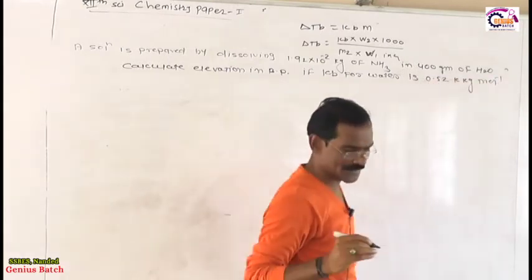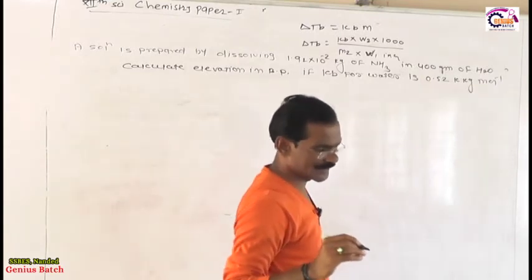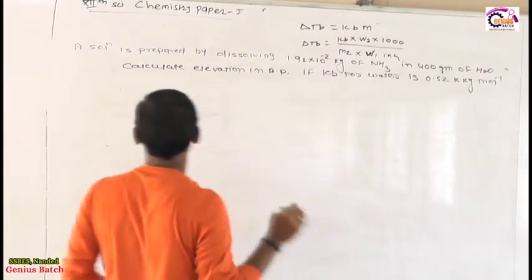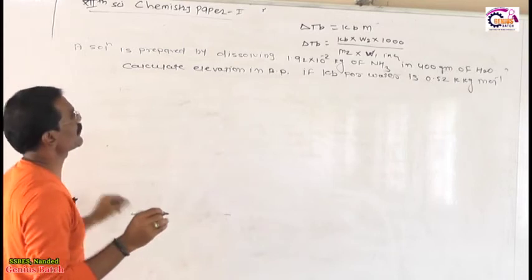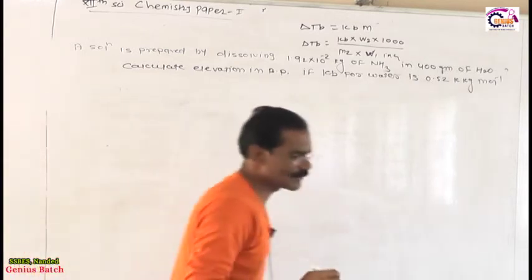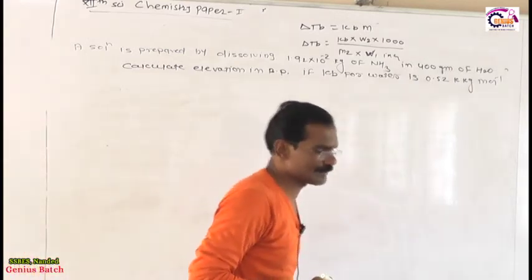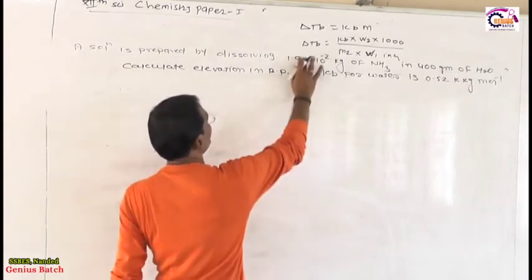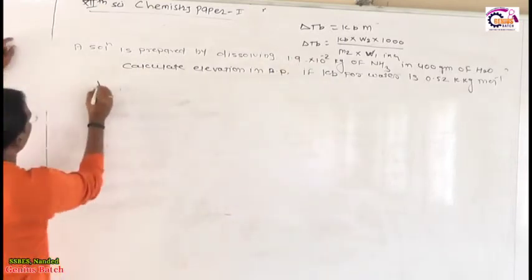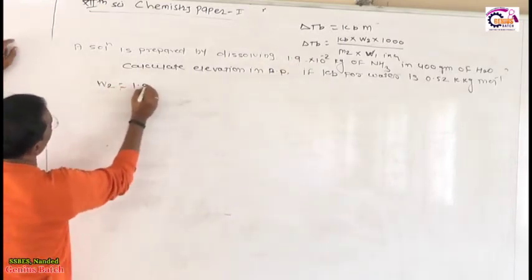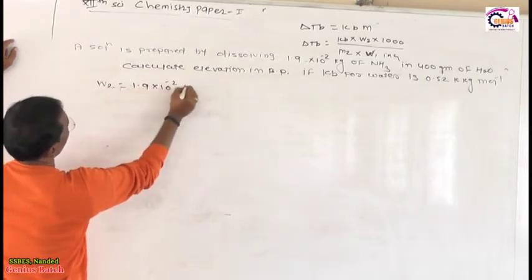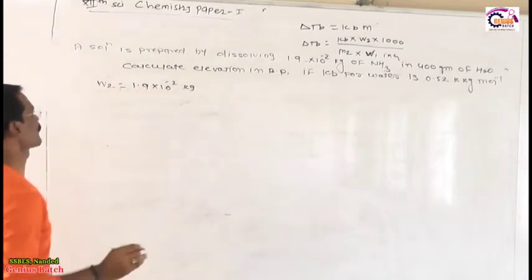They have given you Kb, and they have given the formula of ammonia. A solution is prepared by dissolving 1.92 into 10 raised to minus 2 kilogram of ammonia. So dear friends, they have given the mass of solute, W2, equal to 1.92 into 10 raised to minus 2 kilogram.